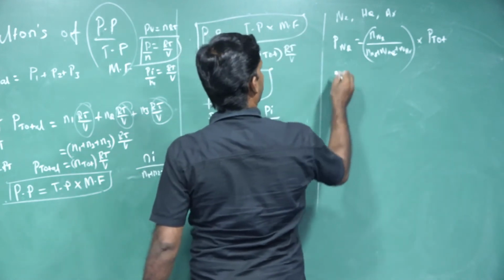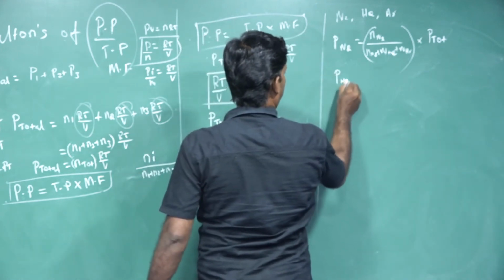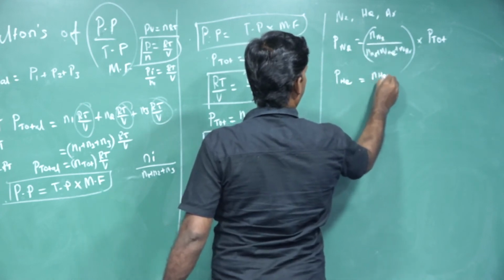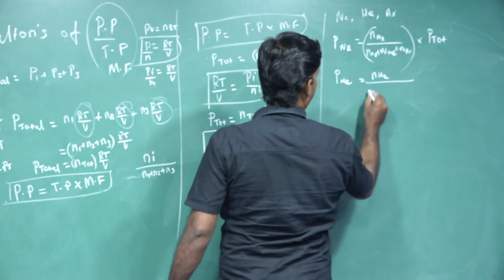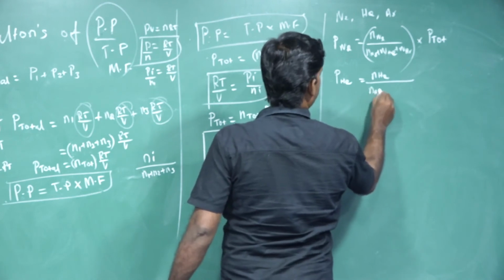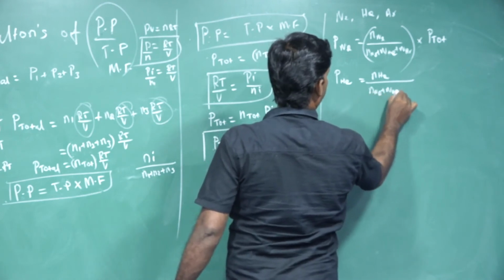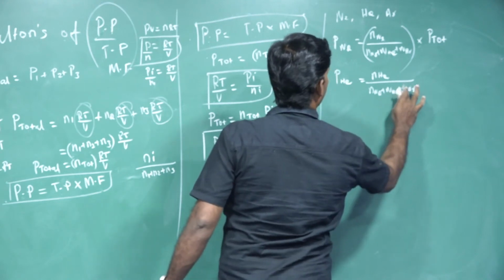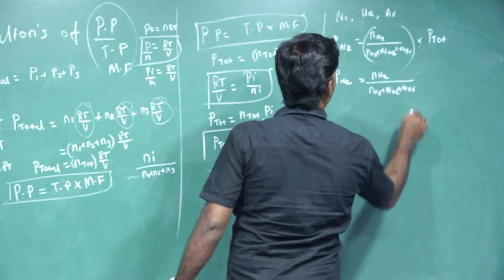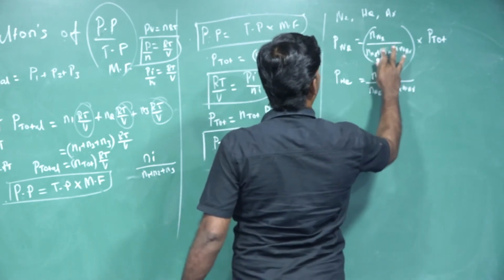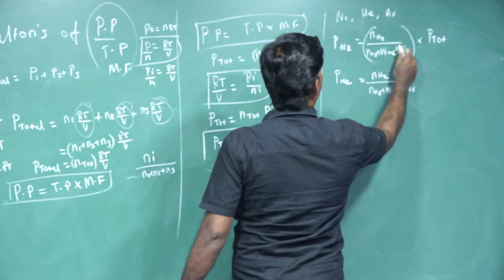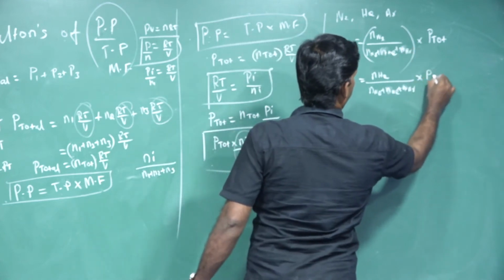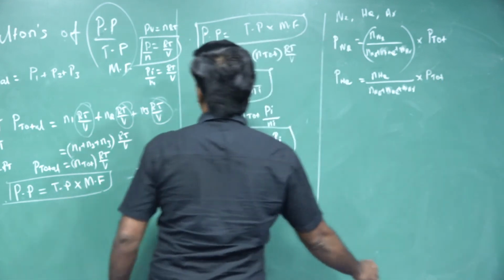Likewise, if you write the partial pressure of helium, here you change the number of moles of helium divided by number of moles of nitrogen plus number of moles of helium plus number of moles of argon, into P total.